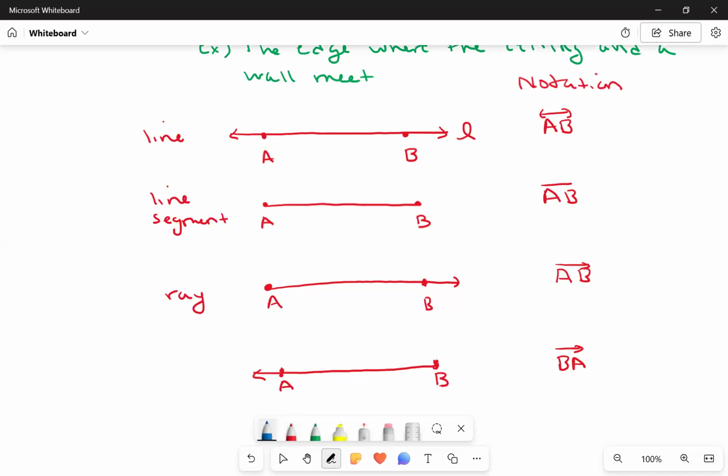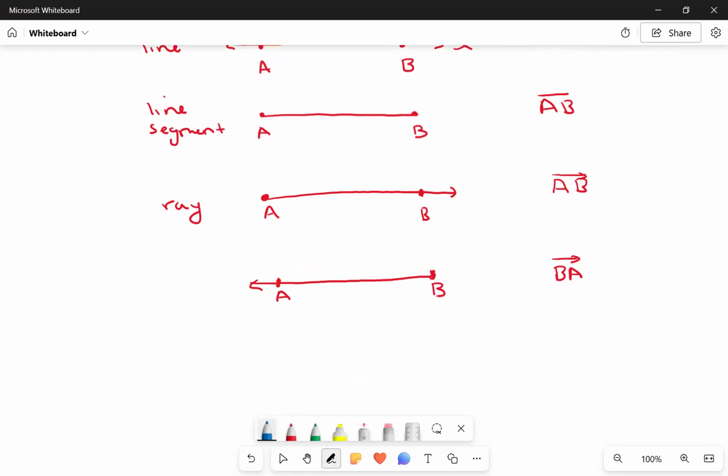Okay, the next vocabulary word is plane. Now, a plane is actually two-dimensional, but we often see it in 3D. So a lot of people try to think of it as a third-dimensional object, but it actually isn't. It is a two-dimensional object.